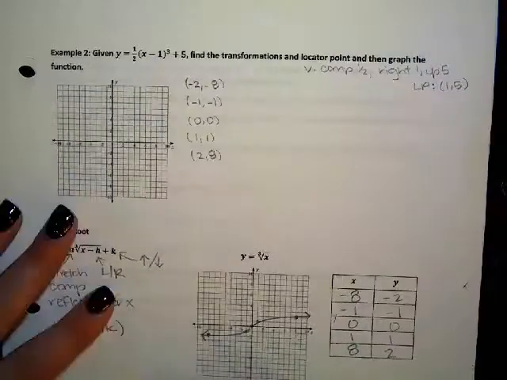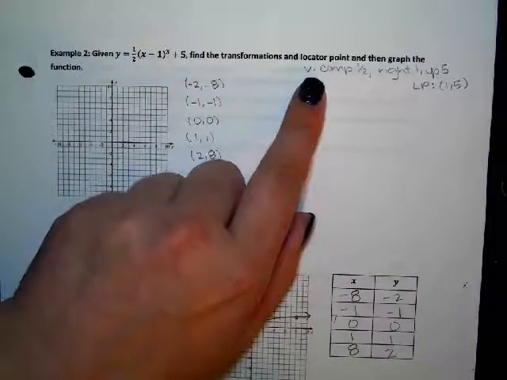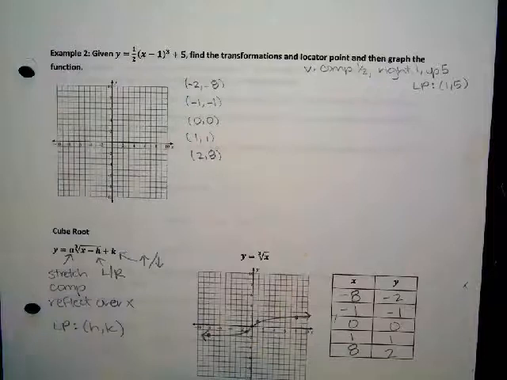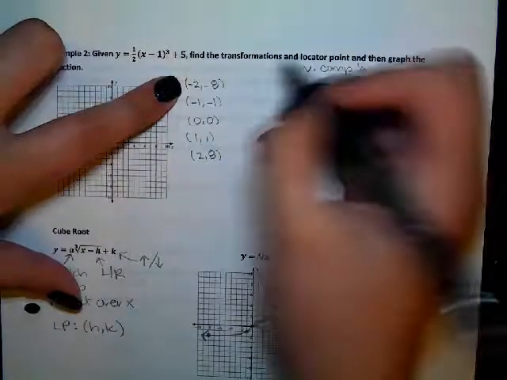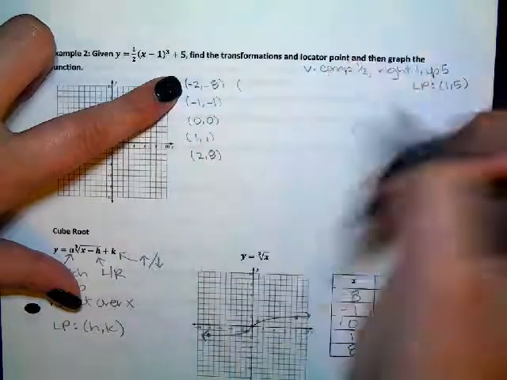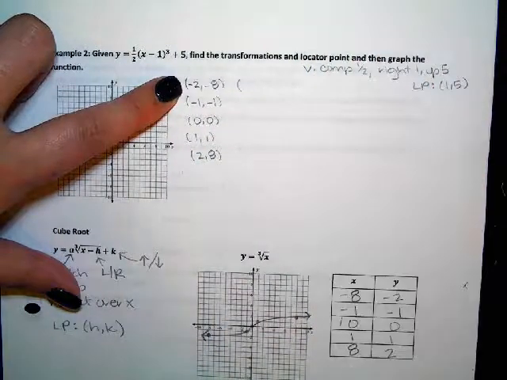All right. So when we do that vertical compression of 1/2, does that happen to the x-coordinate or does it happen to the y-coordinate? The y. So what are we going to do to the y-coordinate? Yeah, multiply by 1/2 or cut it in half or divide it by 2.